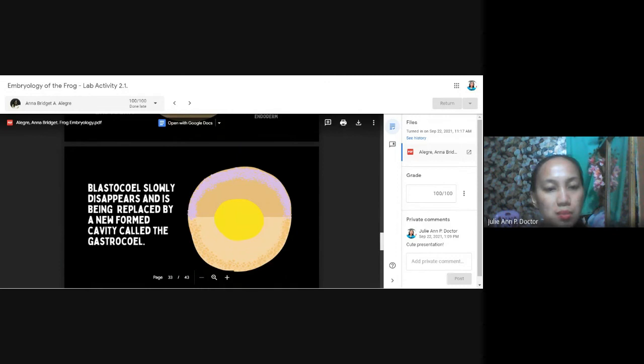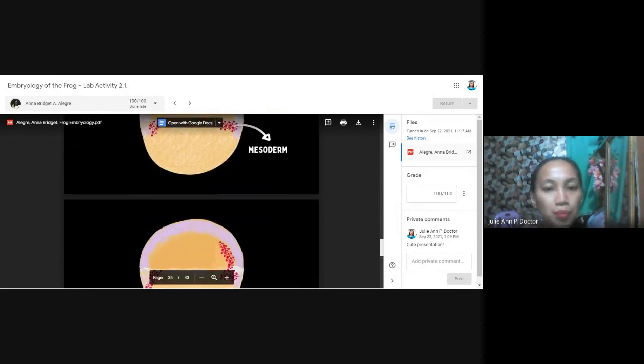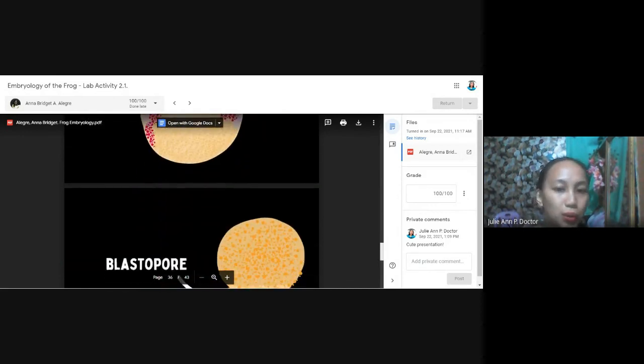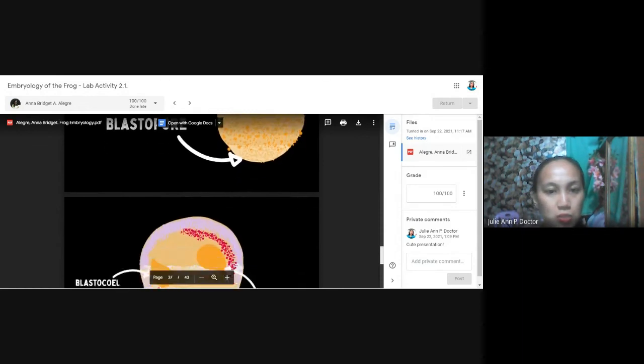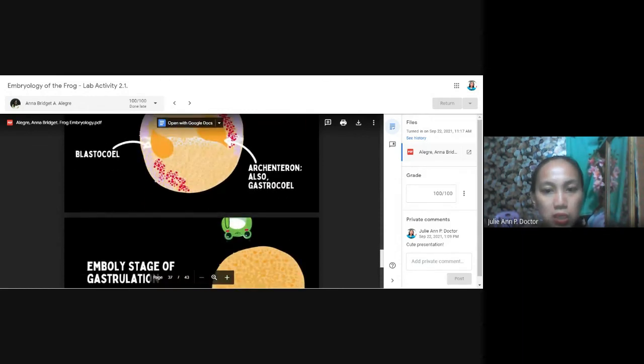Blastocoel slowly disappears and is replaced by a newly formed cavity called the gastrocoel. Mesoderm, look, there is a color coding already to signify that there is a change in the cells. Blastopore, blastocoel, archenteron, also gastrocoel.